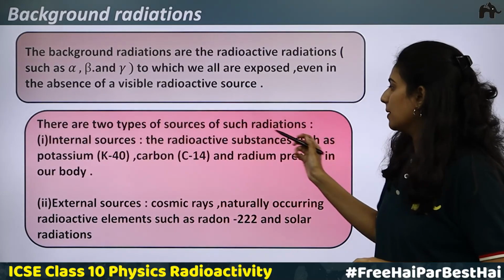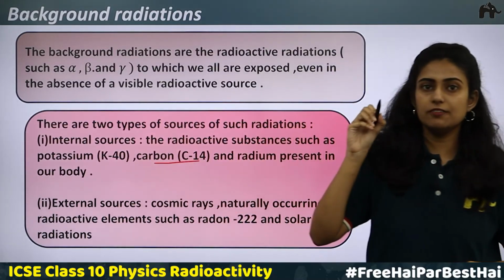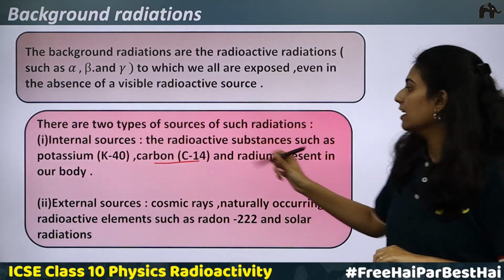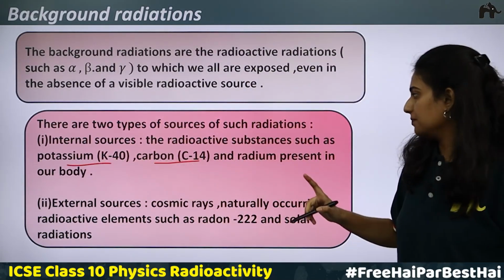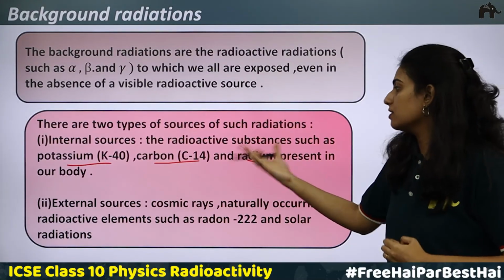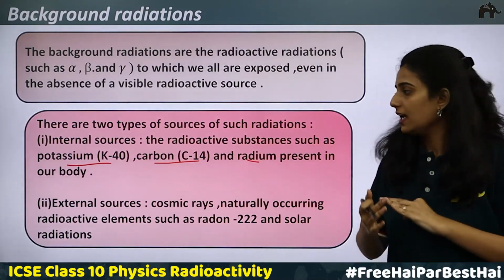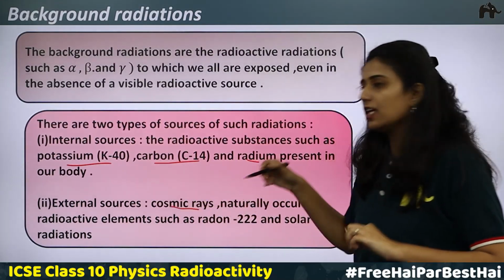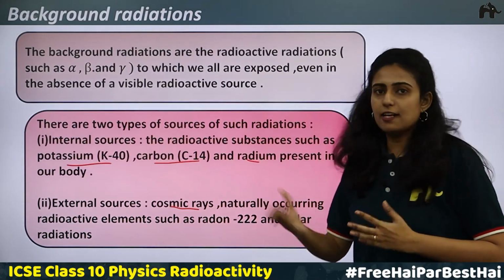For example, carbon-14. We have discussed the different isotopes of carbon. Carbon-14 is a radioactive isotope. Then potassium K-40 and radium are present in our body. So they are a source of background radiations. Next are the external sources. External sources include cosmic rays. We cannot prevent ourselves from the rays that come from the sun.